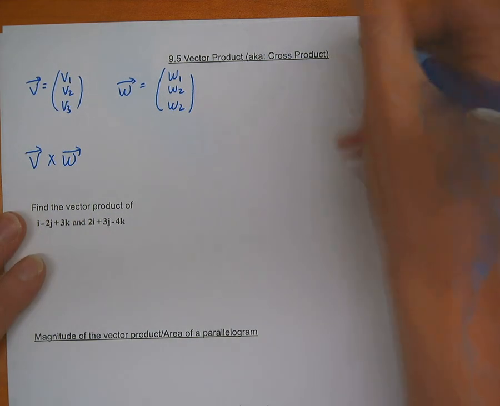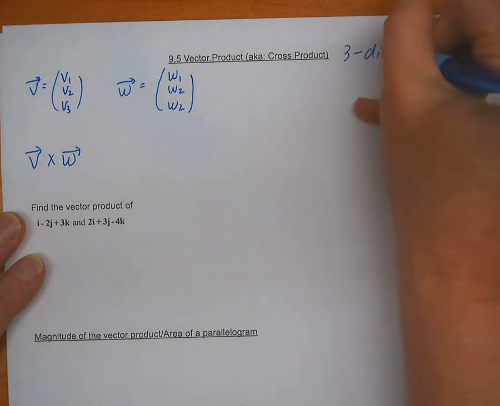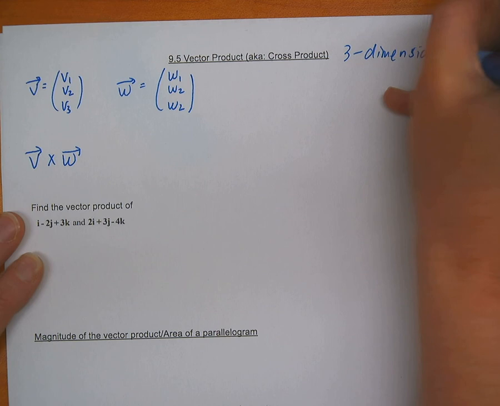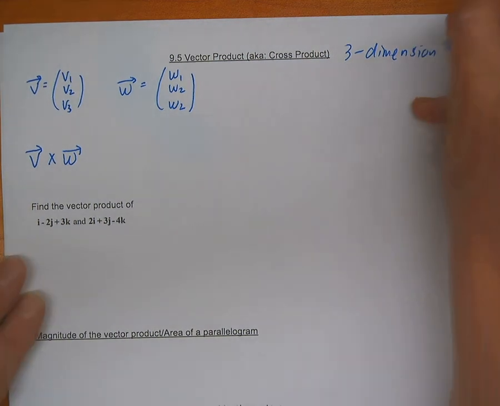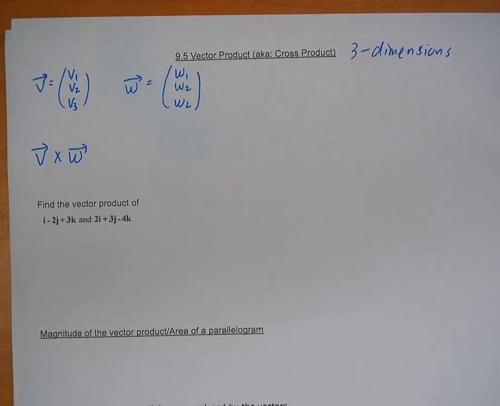By the way, cross product only works in 3 dimensions. It does not work in 2 dimensions. It also doesn't work in higher dimensions. Whereas scalar product, or dot product, works in any dimension. But cross product only works in 3.